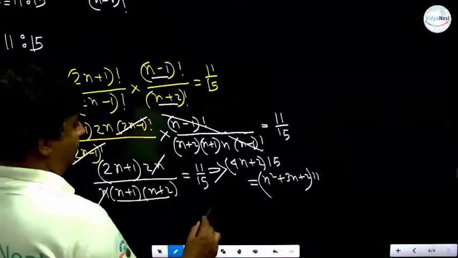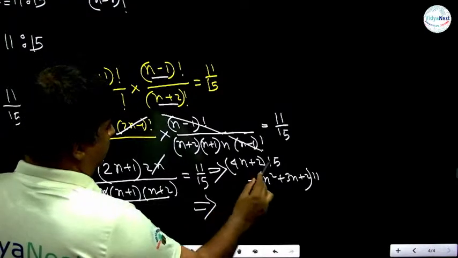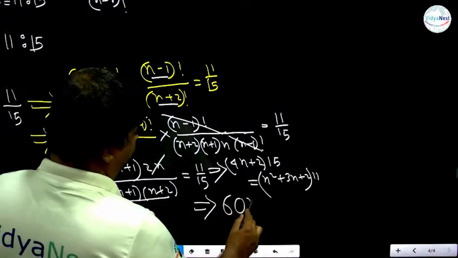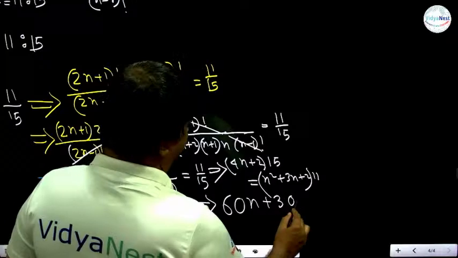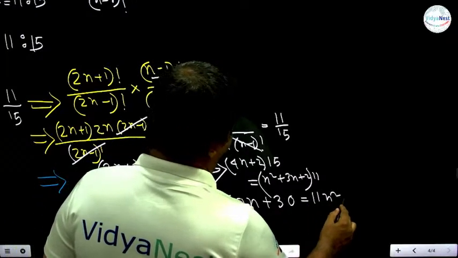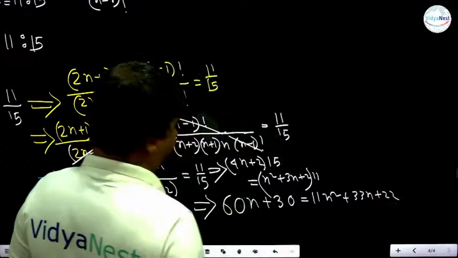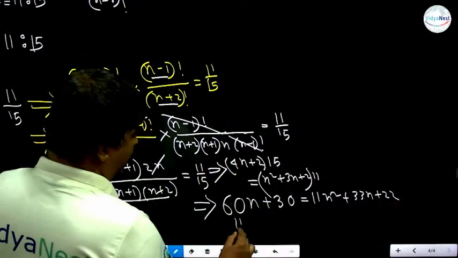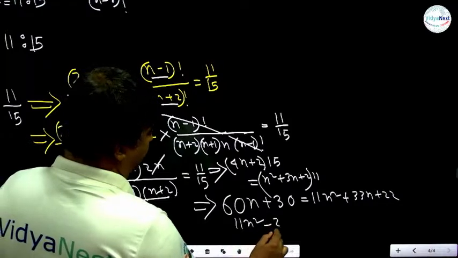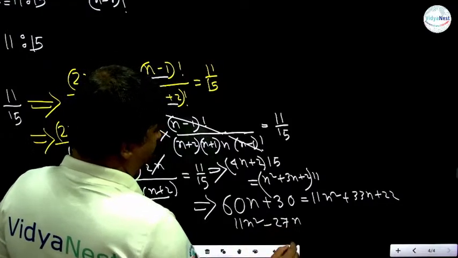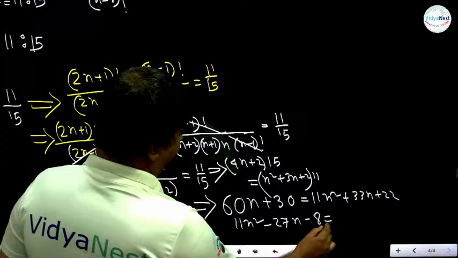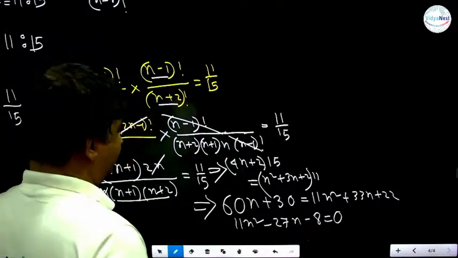You see, this will give you 60n plus 30 is equal to 11n square plus 33n plus 22. 11n square minus 27n minus 8 is equal to 0.